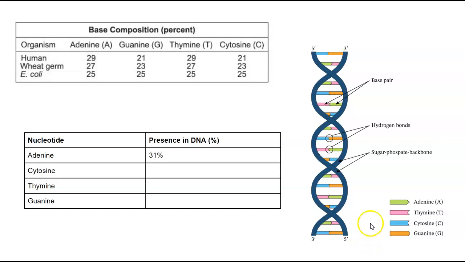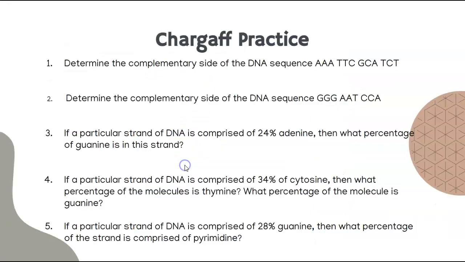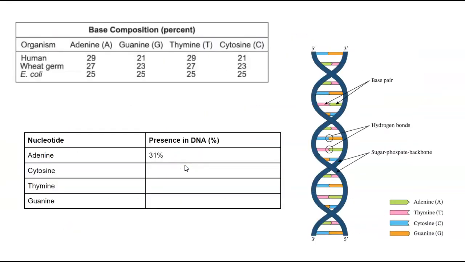So this is just an example, okay? If you look at this and we look at what's happening up here, okay? It shows that in this particular human, 29 of your base pairs were adenine. So that means 29 of your base pairs have to be thymine. If 21 of your base pairs is guanine, then 21 of your base pairs has to be cytosine. So if we were to go through and do these questions, you would then do the same thing.